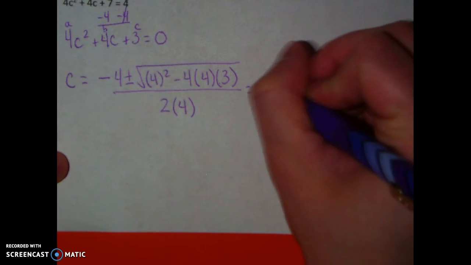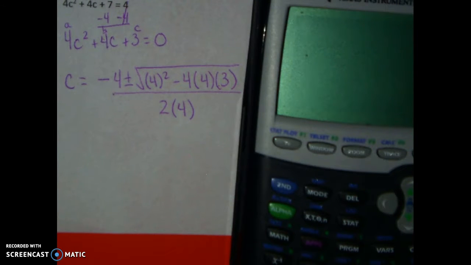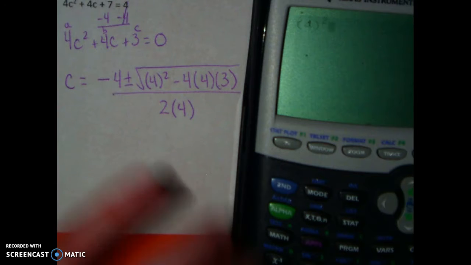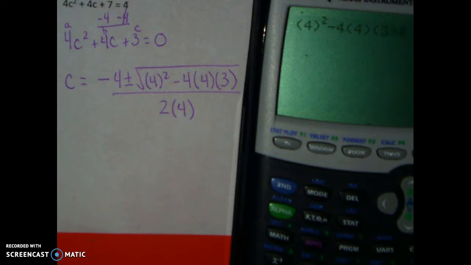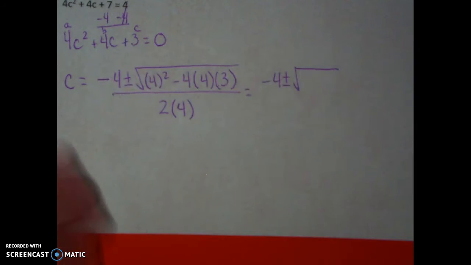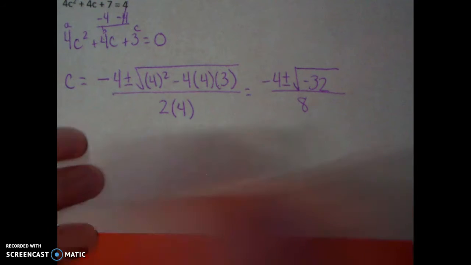Okay, let's simplify it a little bit. Negative 4 plus or minus the square root of 4 squared minus 4 times 3. That's negative 32 divided by 8.